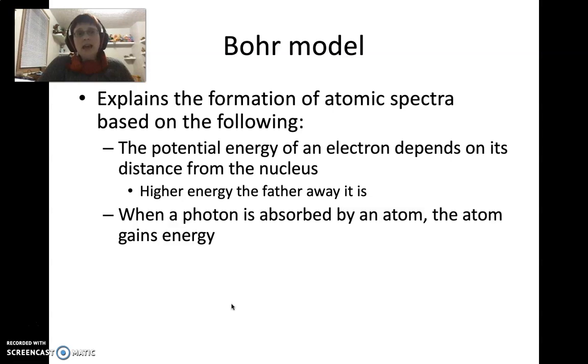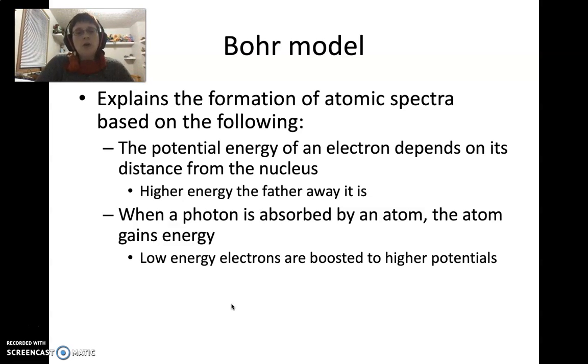So how does an electron get that higher energy to be pulled from the nucleus? When an atom absorbs photons, light energy, that atom is going to gain that energy. It doesn't just shoot straight through. It's going to absorb the energy from the photon, from that packet of light energy.